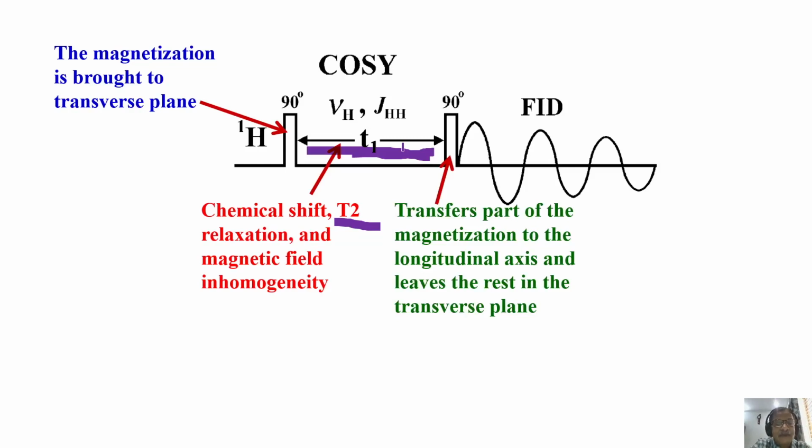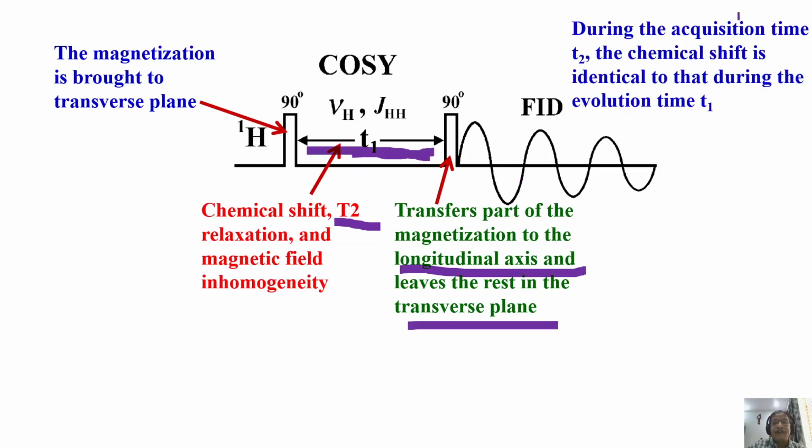What this does is it transfers part of this magnetization to the longitudinal axis, because it is already somewhere in the transverse plane. Part of it is transferred to the longitudinal axis, and part of it is left in the transverse plane. That's what it does. The second 90-degree pulse transfers part of the magnetization to the longitudinal axis and leaves the rest in the transverse plane.